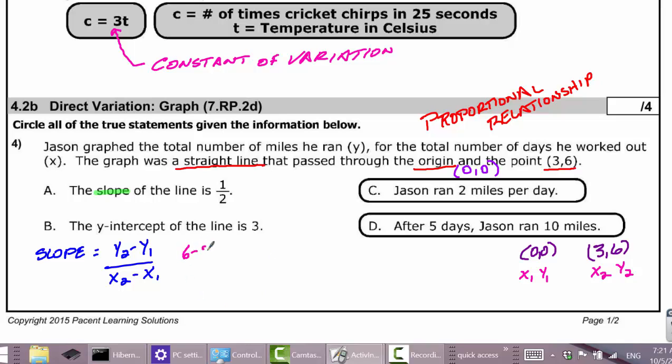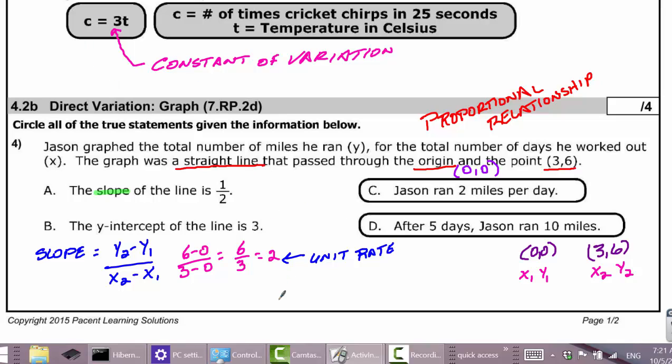I'm going to do y2 minus y1 over x2 minus x1, and if I do large numbers minus smaller numbers, I don't have to worry about negatives. So I've got 6 minus 0 is 6, 3 minus 0 is 3, 6 over 3 simplifies to 2. That 2 is a couple of things. It's the unit rate.